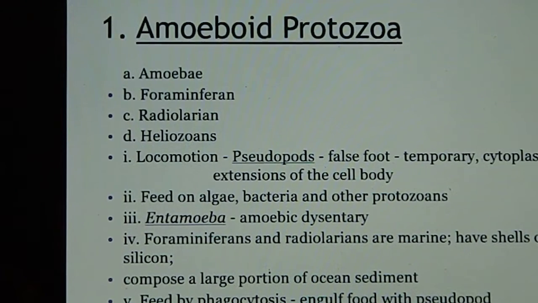So if you're traveling in third world countries especially, you are wanting not to drink the water, right? Or eat ice, because both of those can carry this amoeboid protozoa called Entamoeba. And once in the body, the amoeba eats the fleshy cells in the intestine.